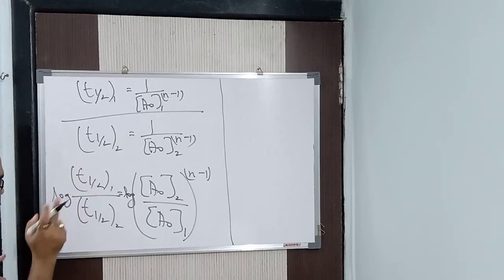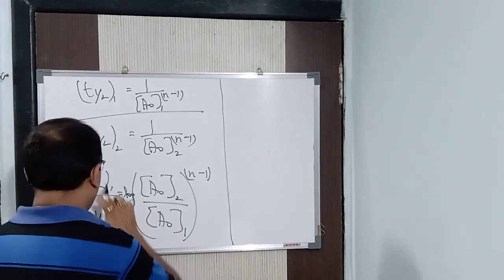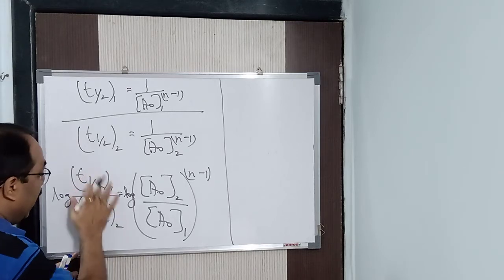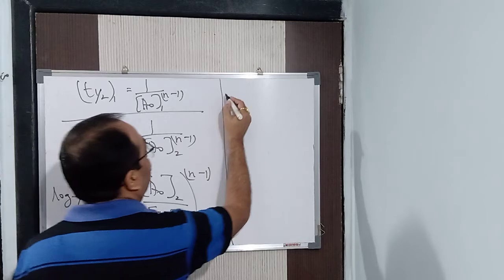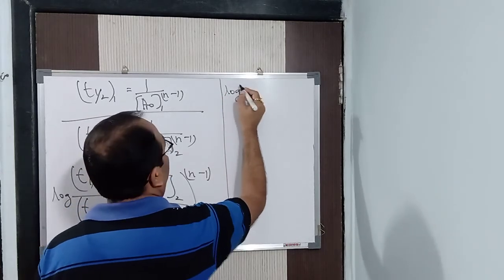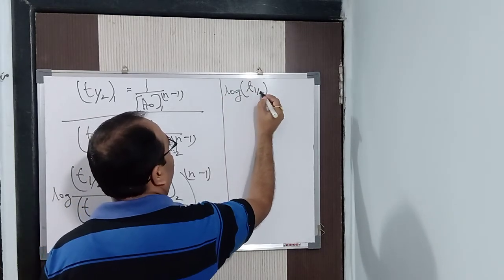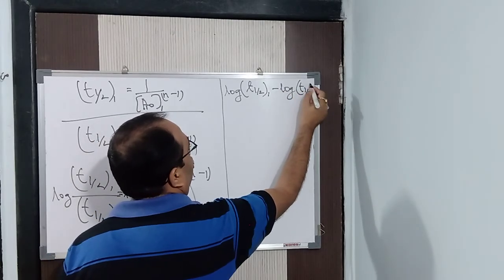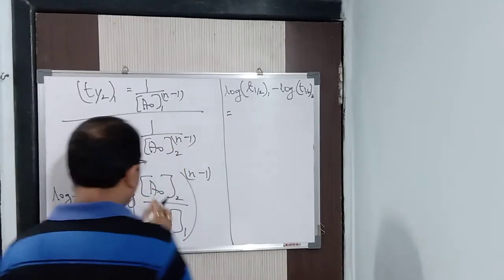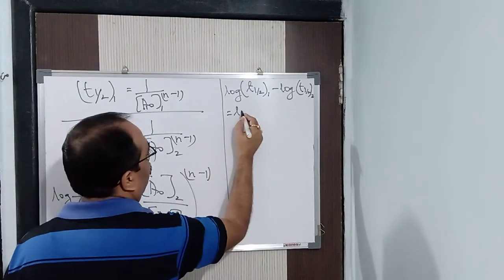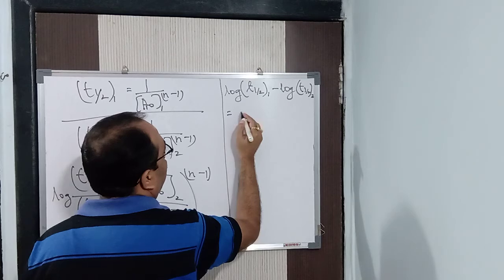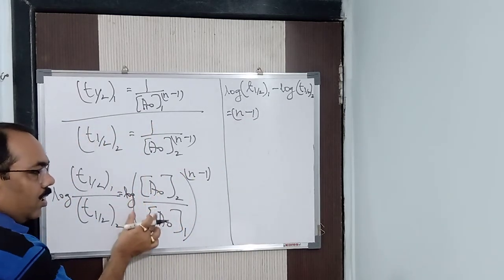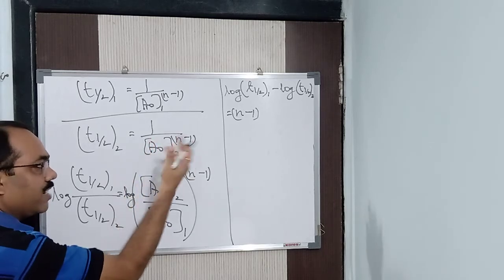So, log A by B, sorry. Log A by B is log A minus log B. So, log t half 1 minus log t half 2 is equal to, of course I have to multiply n minus 1 first, because log a to the power x, you know, is x log a.